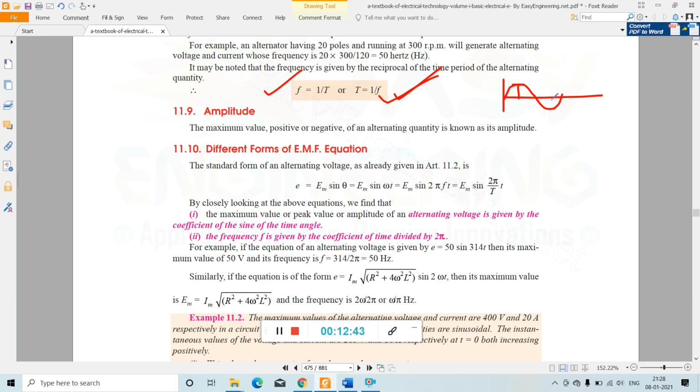This is the peak, and in the negative half cycle this is our peak. This point is a peak, and here this point is a peak. So this is your amplitude. This value is the amplitude. Here also, this is also amplitude.